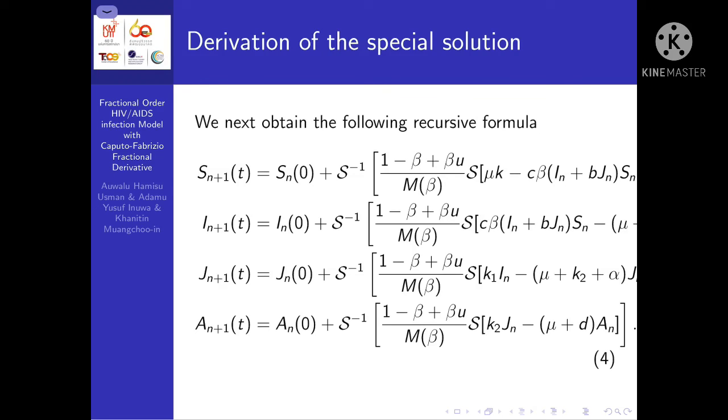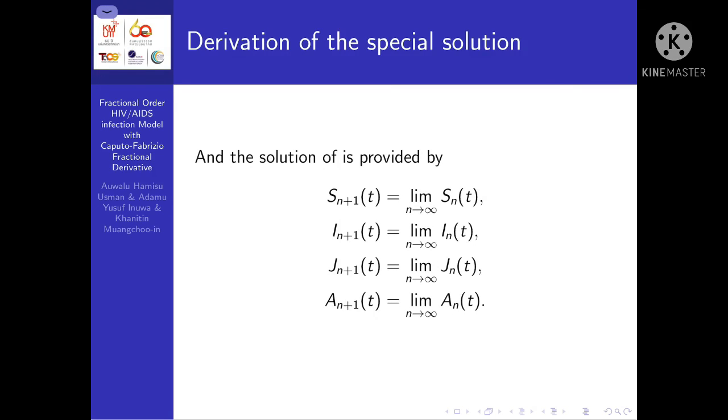So from the last equation, we get the iteration S, I, J, and A at n plus 1 equals n plus the factor of n, defined like equation 4.